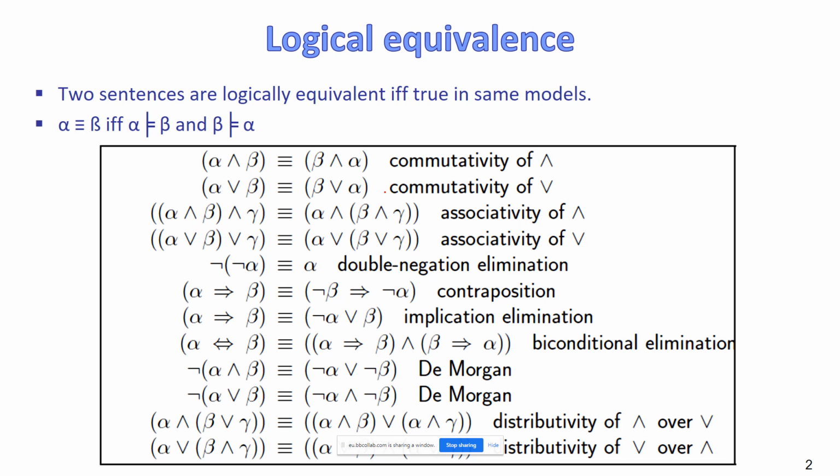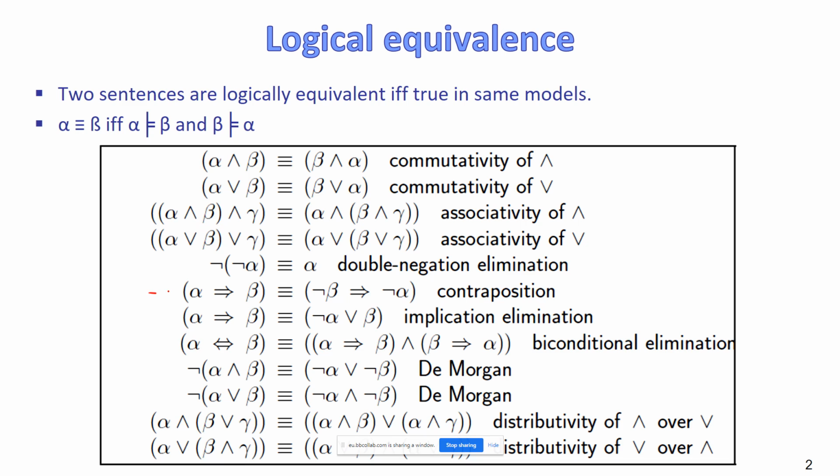Just a reminder of the logical equivalences or identities that you studied in earlier courses like discrete math. The AND operation is commutative, the OR operation is commutative. That means alpha and beta is equivalent to beta and alpha, and so on. Associativity also holds in propositional logic, as does double negation elimination.